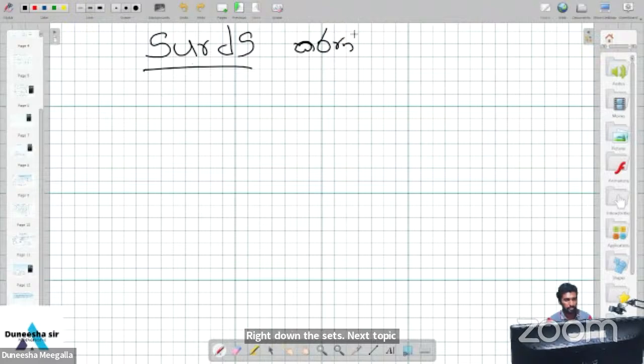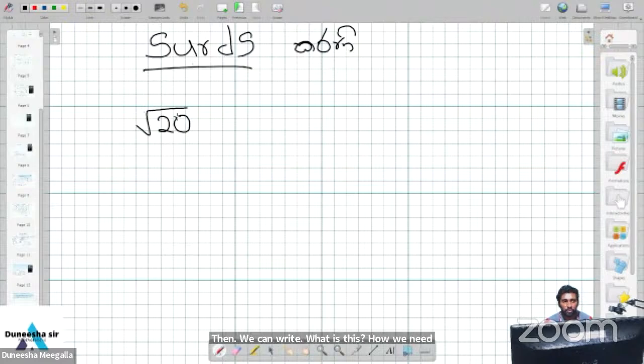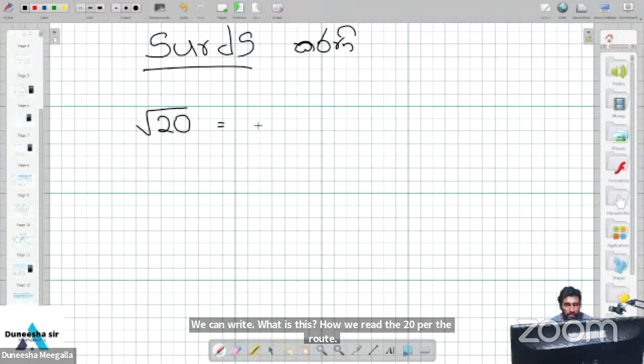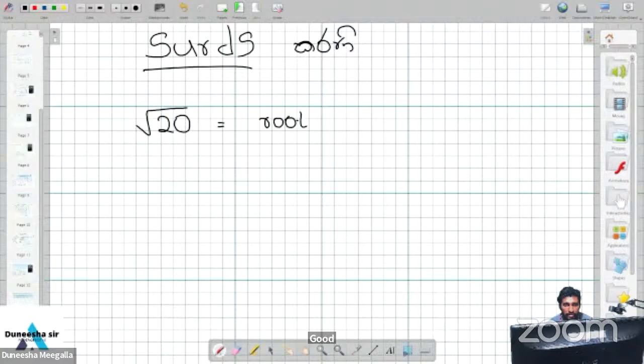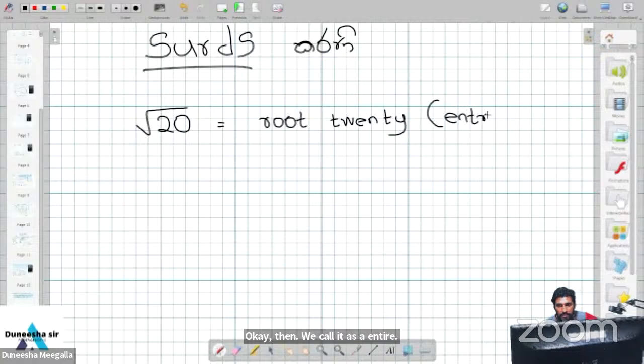Write down the surds. Next topic. Then we can write, what is this? How do we read this? Root 20. Okay. Then we call it an entire surd. Is there any number outside the root, outside the root sign? No. So it's an entire surd.